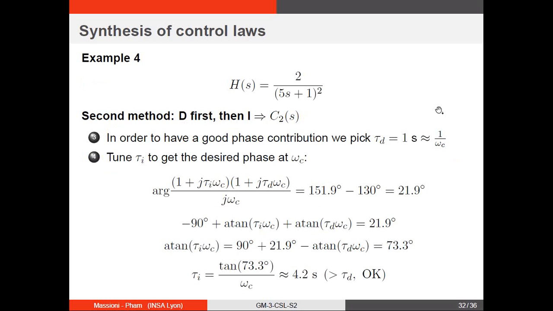There is a second method, where we do it the other way around: we tune the derivator first, and then we tune the integrator. So again, how do we tune tau D? We take it arbitrarily, but as we said, we need the phase contribution to be sufficiently developed at the crossover frequency.